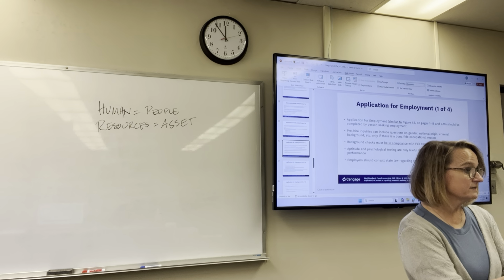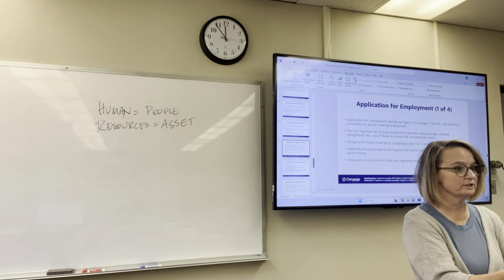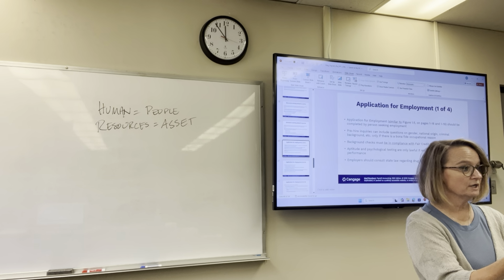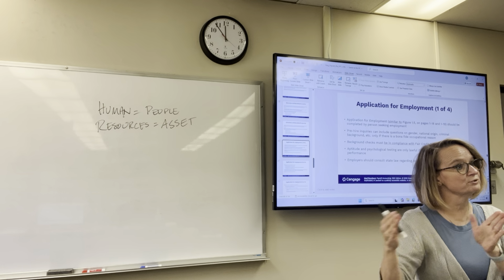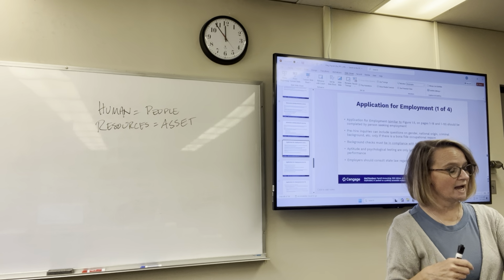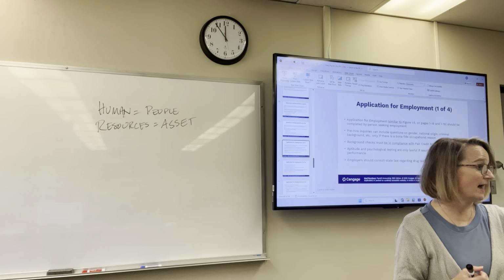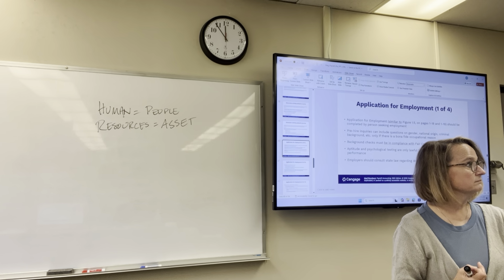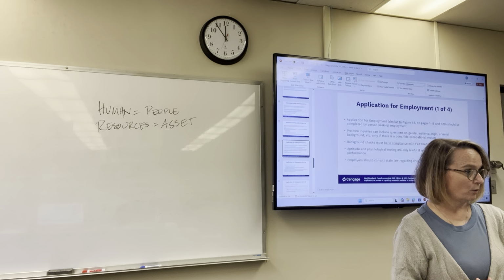But asking things about background, race, religion, creed, all of that stuff is generally prohibited unless it pertains to the actual job description. I can't imagine a time when that would be a really specific job that would require that.